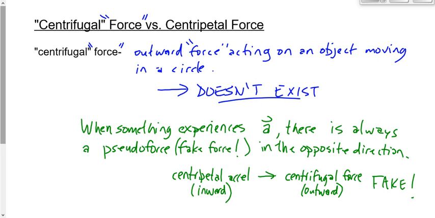So you can maybe understand how, going around in that circle, we feel like we're being pinned against that wall. Really, we're not being pinned against the wall. Really, it's the wall trying to push me toward the center.